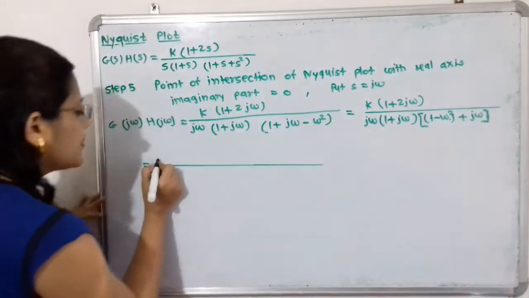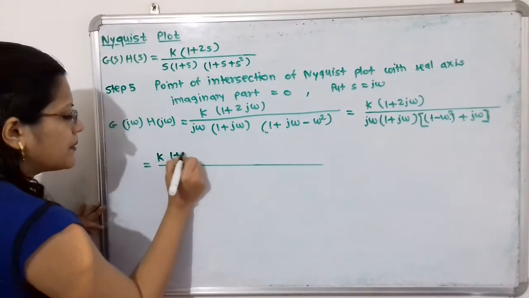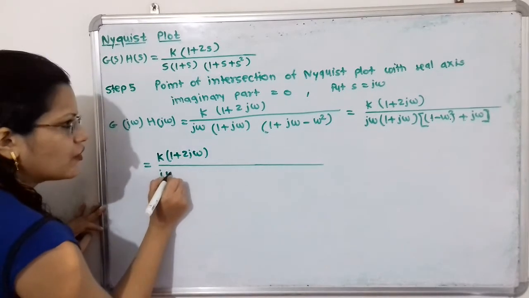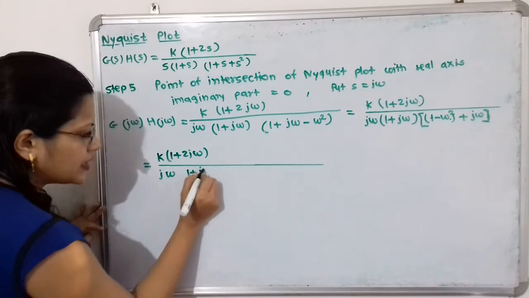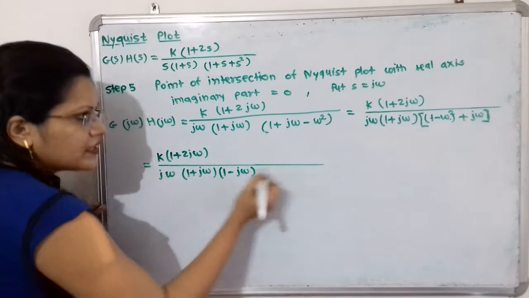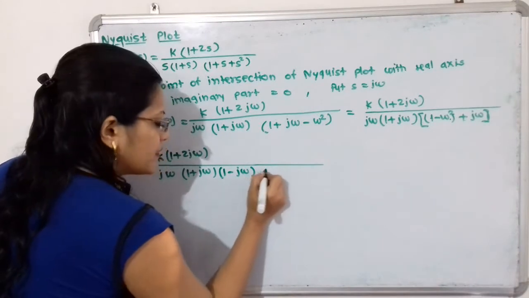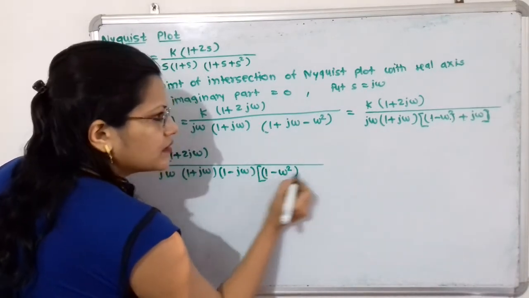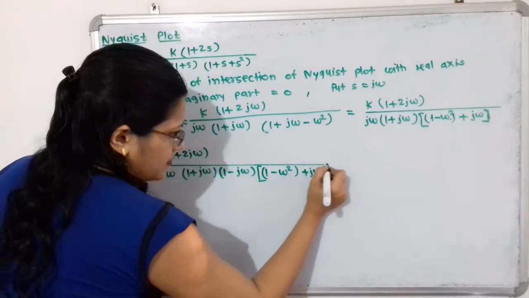So I will take here k into 1 plus 2j omega divided by j omega. Now here 1 plus j omega. What is the complex conjugate? 1 minus j omega. Now in the second bracket 1 minus omega square plus j omega is there.